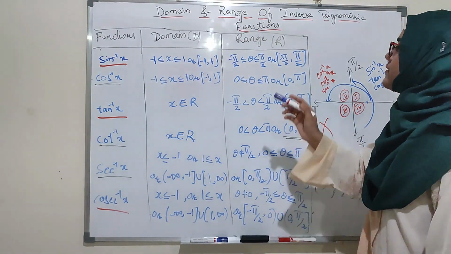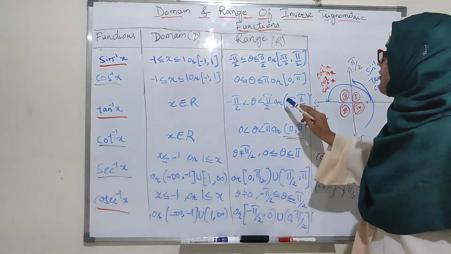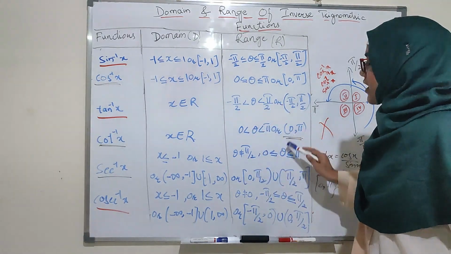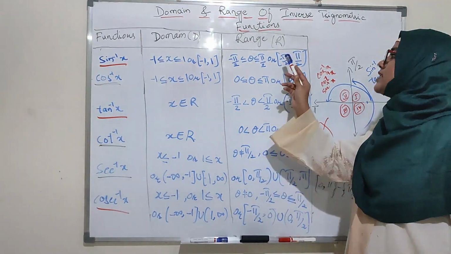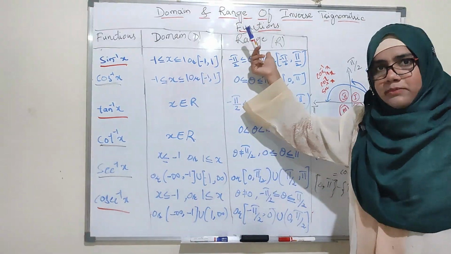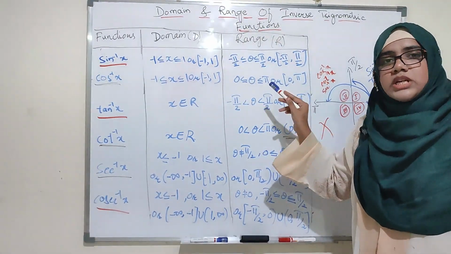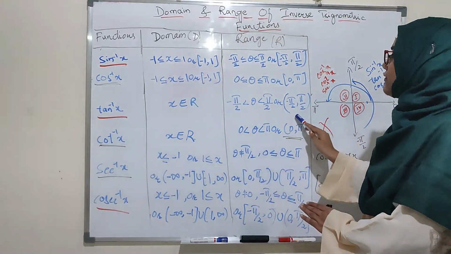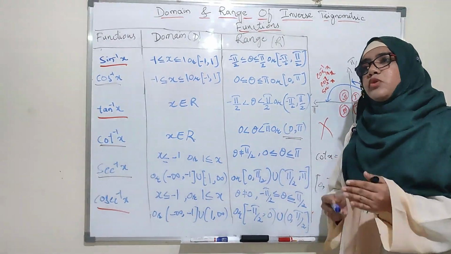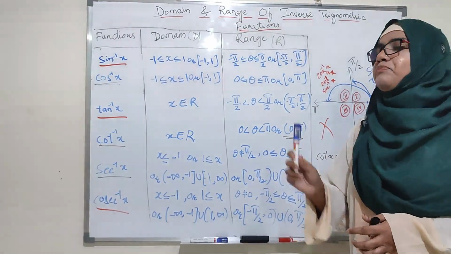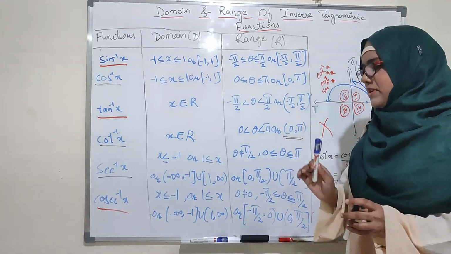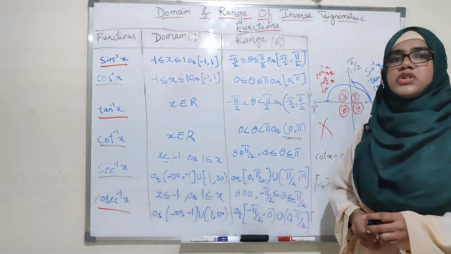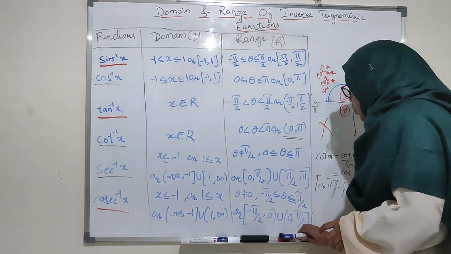For some functions we have a closed interval, and for some an open interval. Why? Because if the function is defined at that point, we take the closed interval. If it is not defined at that point, we take the open interval. That means you take the values in between the two points, excepting the initial and terminal points.